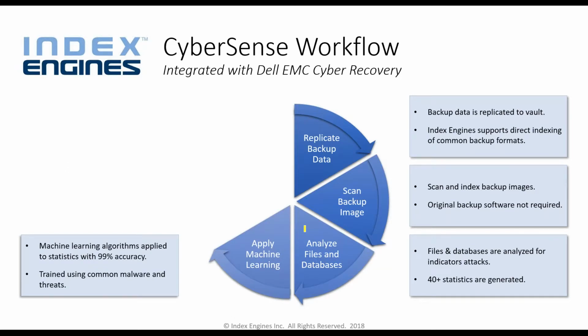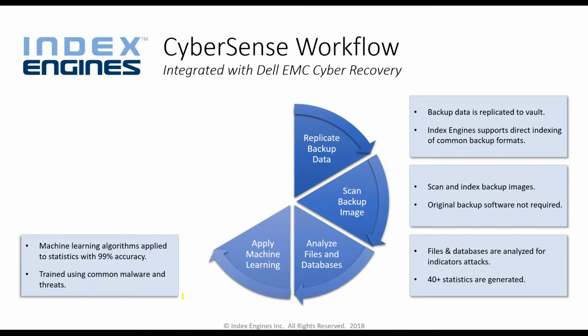And the next step is really critical. We take those analytics and apply machine learning to them. The machine learning has been trained using common malware threats that exist on the market today.